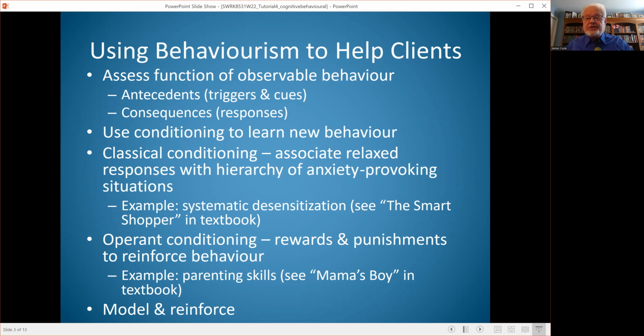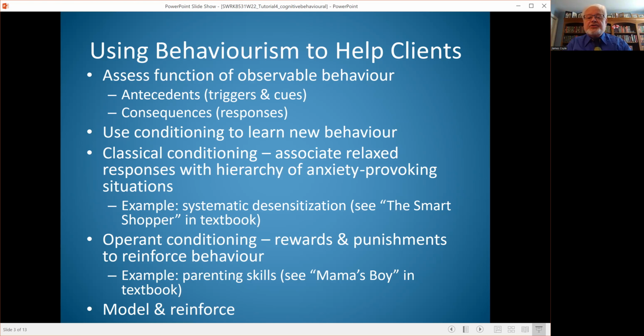So there's a repetition, and they go up the ladder in terms of the hierarchy. And they don't go to the next step until they are able to get their anxiety level down to a 5 or below. And that was one of the ways that we could very helpfully use conditioning to help them with this.